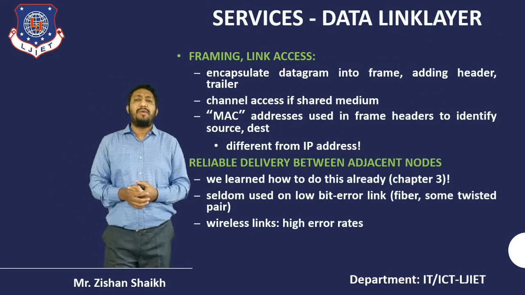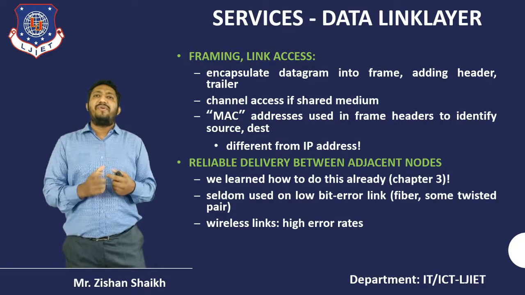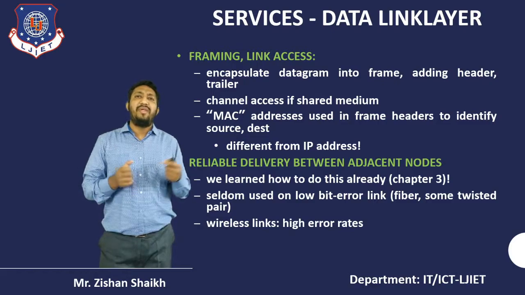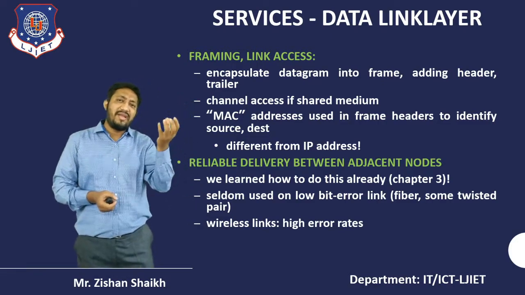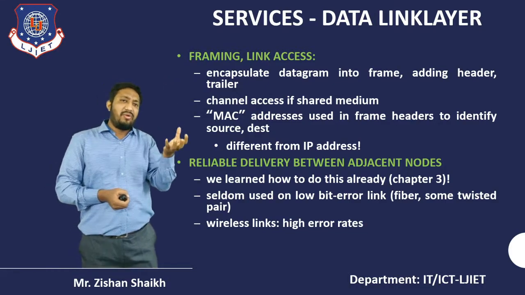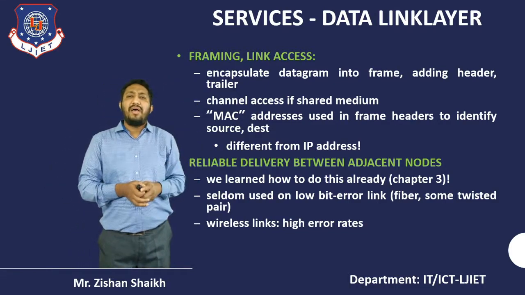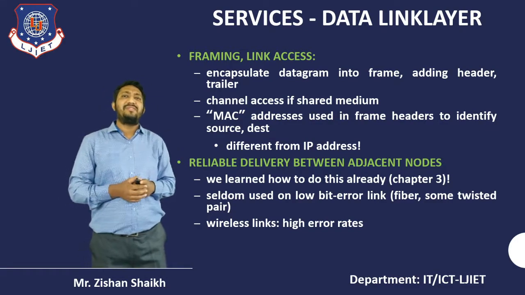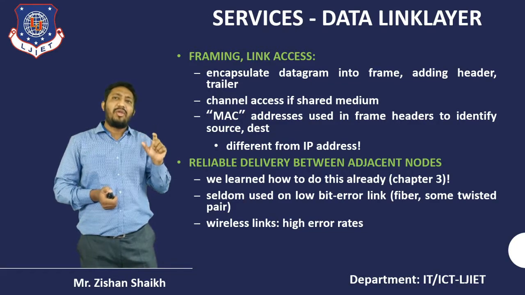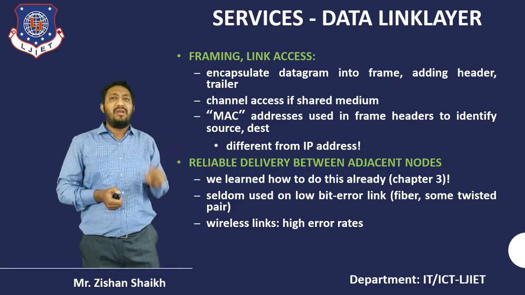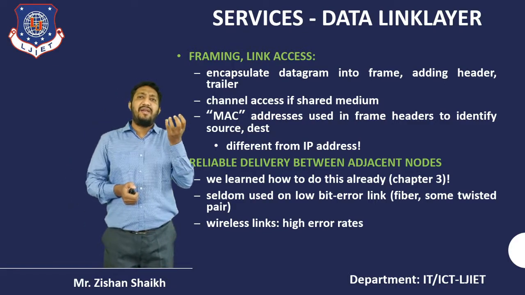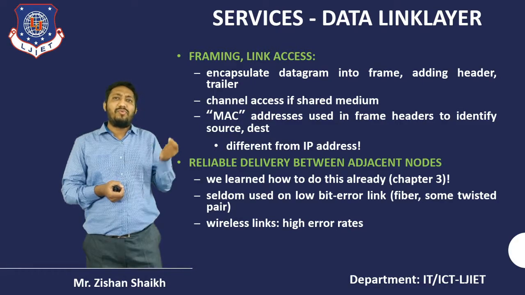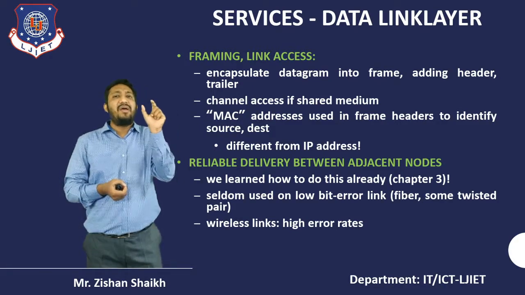When we talk about the services of the data link layer, the first and very important one is framing, or we can say link access. When our data is received by the data link layer from the network layer, the responsibility of each layer of the TCP/IP or OSI model is to add its own particular header. For example, if data is received by the network layer, it provides some services but adds the network layer header information.